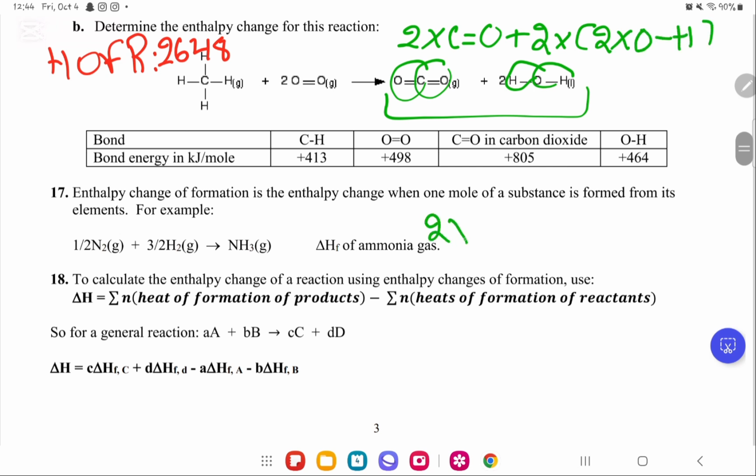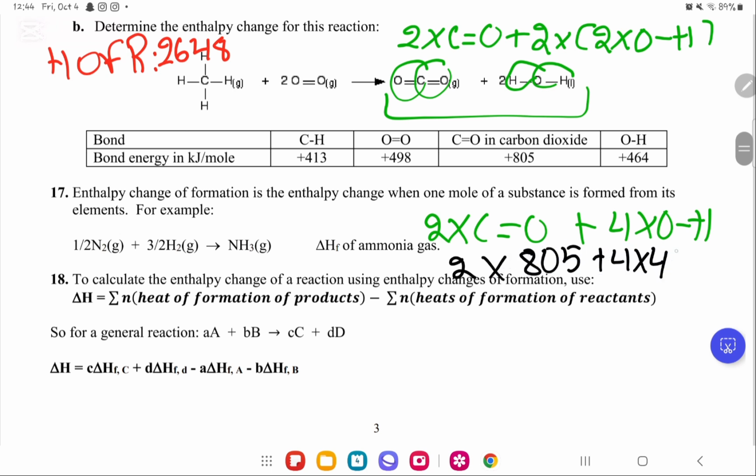So 2 times C double O plus 4 times OH bond. If we're going to replace with the values, we're going to get 2 times 805 plus 4 times 464. 2 times 805 plus 4 times 464 gives us 3466.